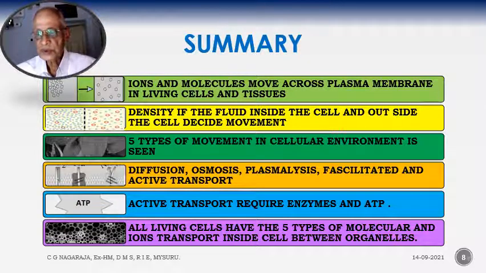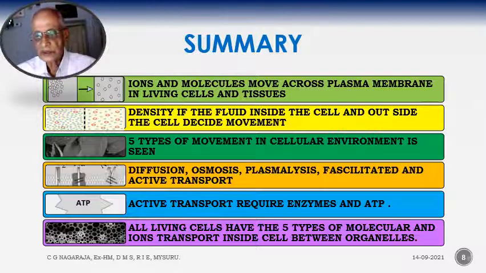The second point is that the density of the fluid inside the cell, that is inside the cytoplasm, and the exterior fluid outside will play an important role in the movement of molecules, what's called passive transport. The 4 types are passive transport, and only one type is active, where energy is required.